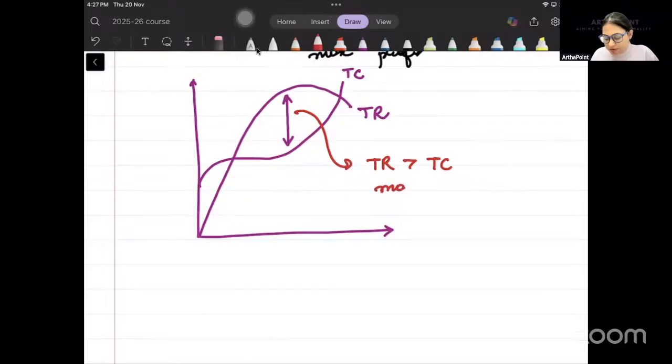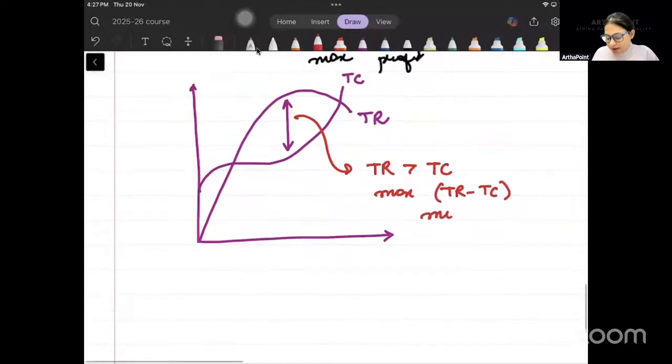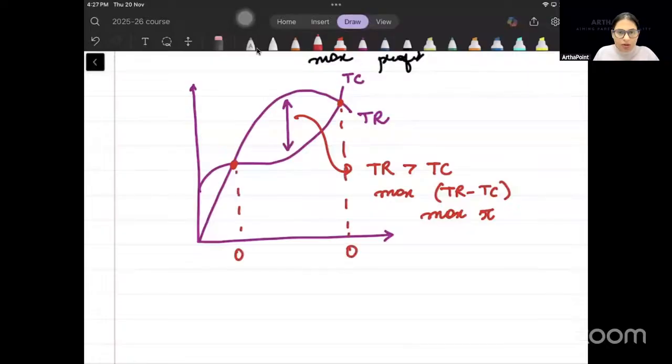And the gap between TR and TC is maximum. माने I have maximum profits. ठीक है? This is where my profits are zero because TR and TC are equal. यहाँ पे भी the gap between TR and TC can be maximum, but cost is more than revenue, which means my profits are negative. Okay.